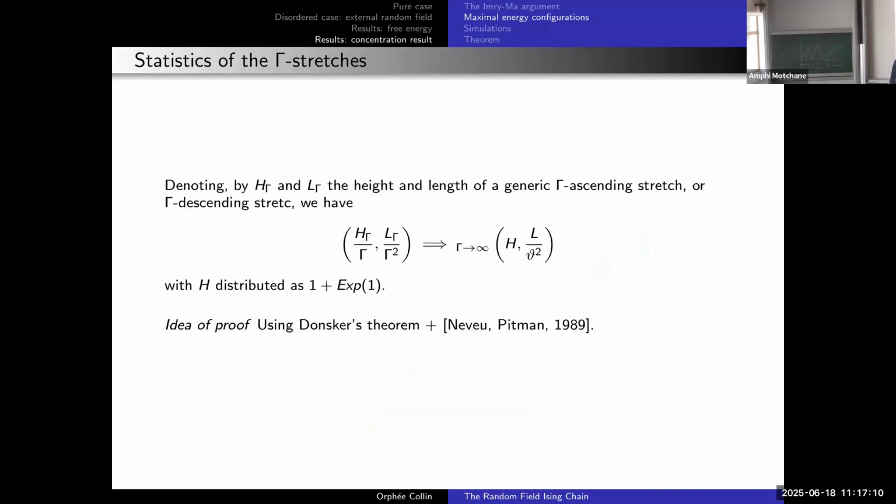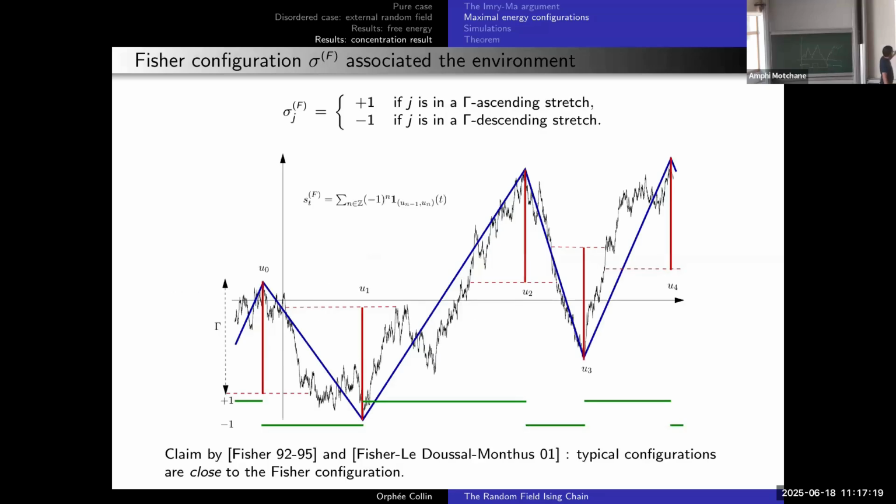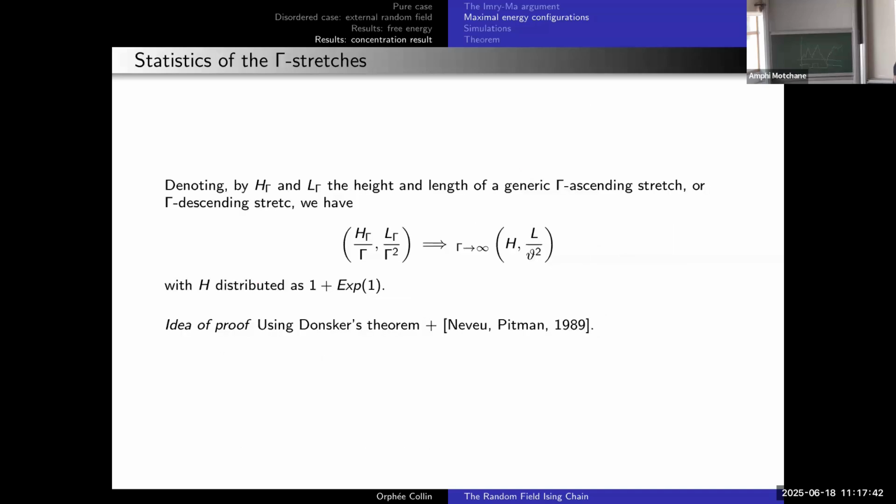Let me just give some information on the statistics of these gamma stretches. First, these times are not stopping times. However, they define portions which are i.i.d. up to the sign, of course, and so they are renewal events.